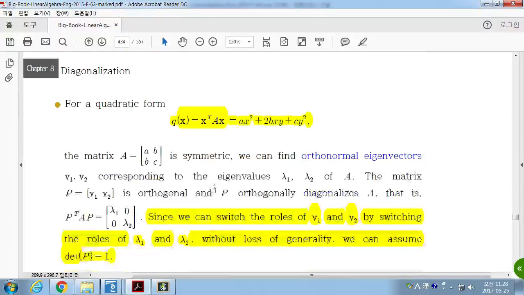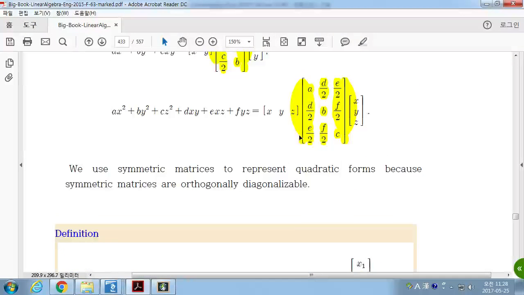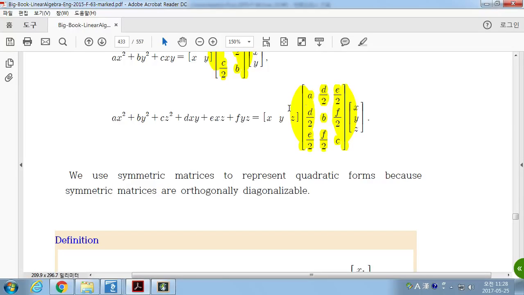Okay. Cross product. You have a symmetric matrix like this. These are cross product terms. This comes from the cross product terms like this, isn't it?